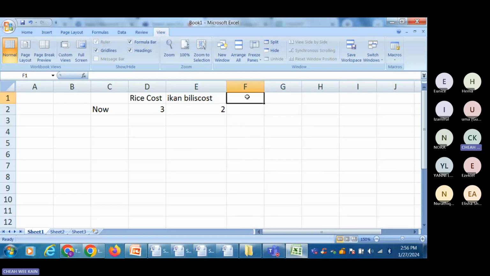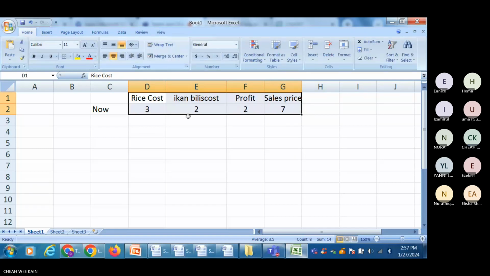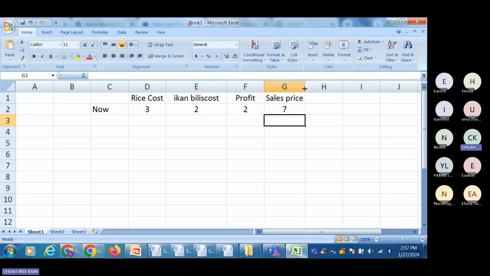Now you want to make a profit, let's say RM2. So your sales price is RM7. That's what you have right now.